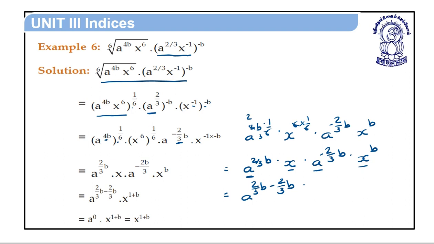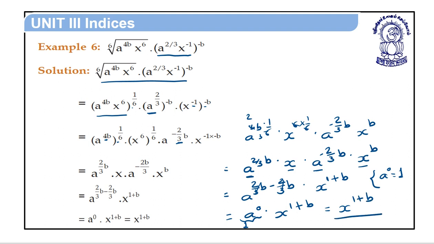Same way x base same, so x raised to 1 plus b. 2 by 3 minus 2 by 3 cancel. A raised to 0 into x 1 plus b, and the value of a raised to 0 is 1. A raised to 0 is equal to 1. So x raised to 1 plus b is the answer.